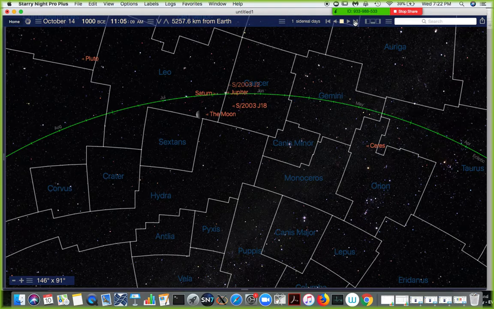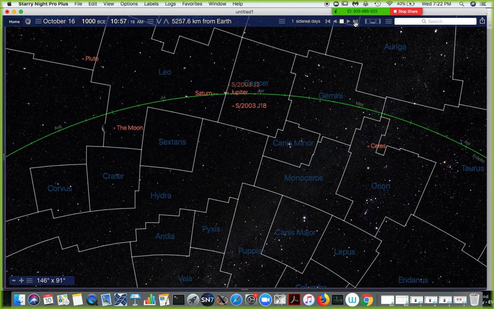one day later, the moon moves to the eastern part of the sky with respect to what? Not our horizon, because our horizon is spinning up. It has nothing to do with the horizon. But with respect to the stars we are observing, with respect to Leo, Cancer, Gemini.